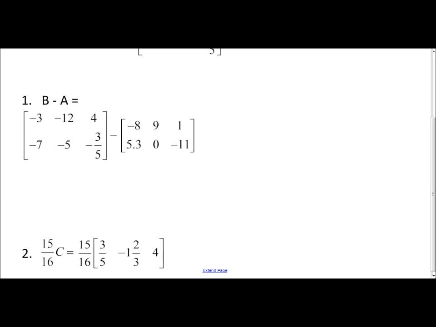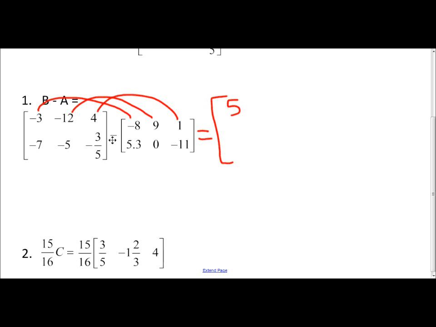Okay, now that you have done these problems, let's go through this. I'm going to, again, take each of these entries, and in this case now I'm subtracting them. So I'm going to take negative 3 minus a negative 8. Remember, if I'm subtracting a negative, it's like I'm adding, so negative 3 plus 8 is a positive 5.